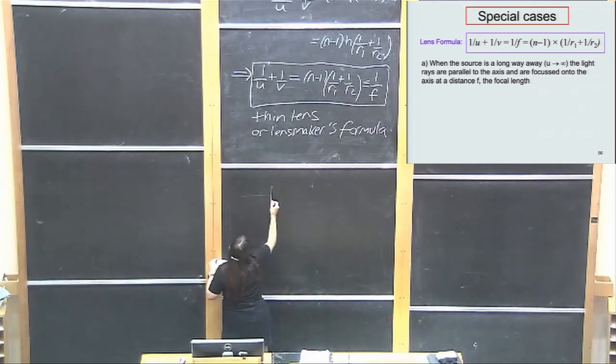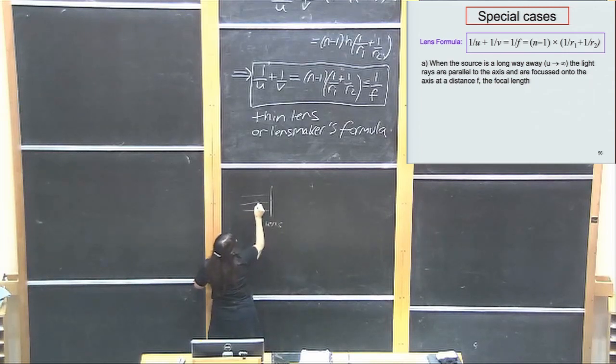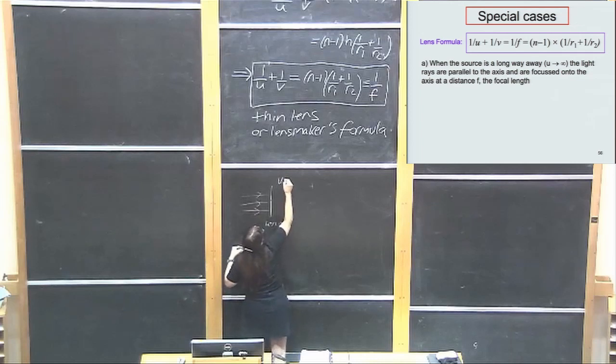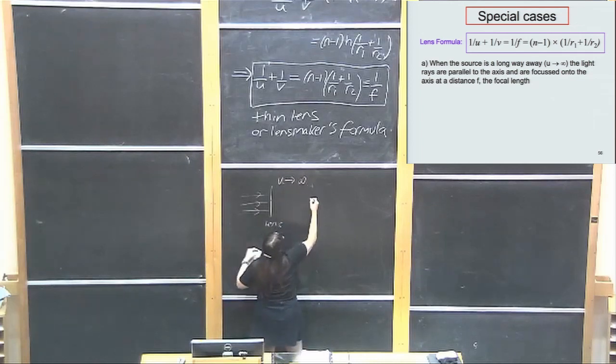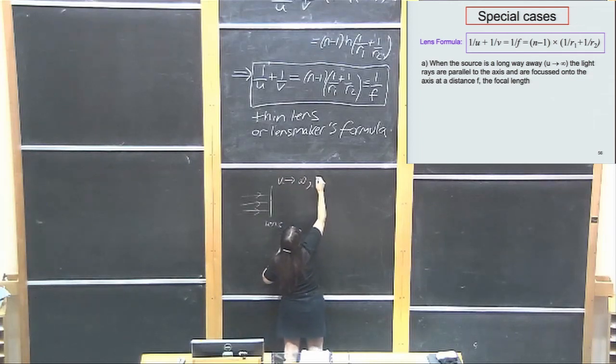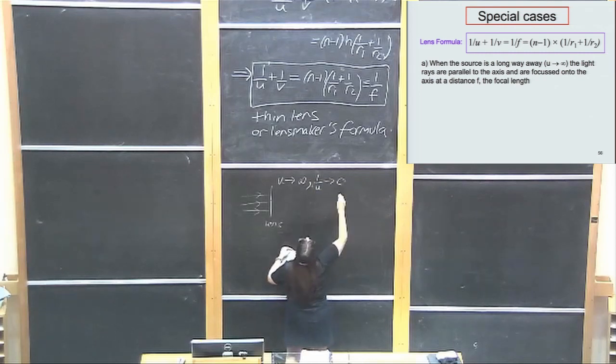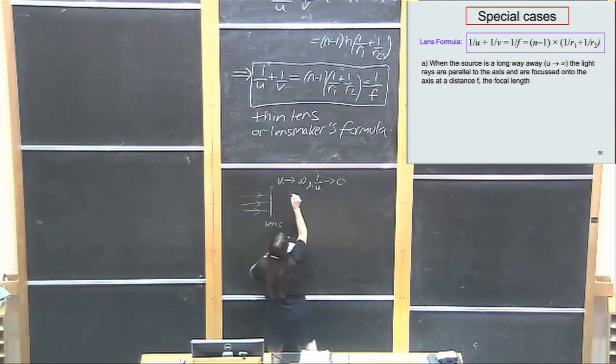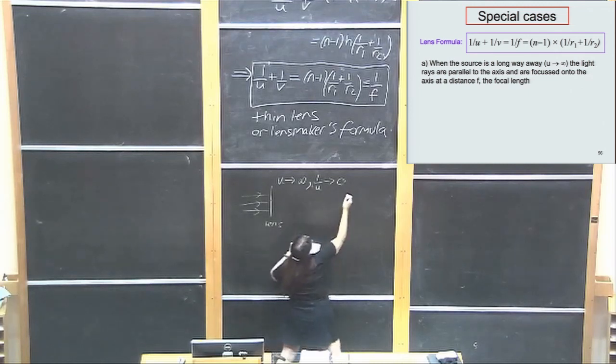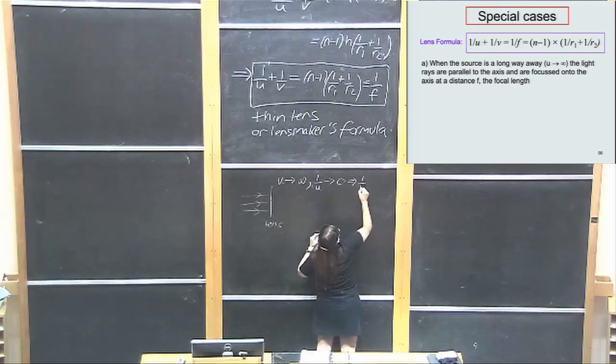So they're coming in, so this is the lens, and these light rays are coming in parallel to my lens. So what we're saying is that u tends to infinity. Well, that must mean that 1 over u tends to 0. And if we look at our lens formula, then that means that 1 over v equals 1 over f, and therefore v equals f.